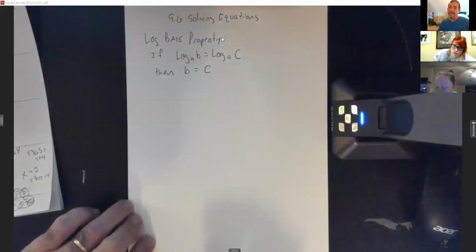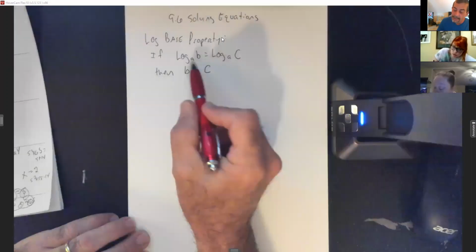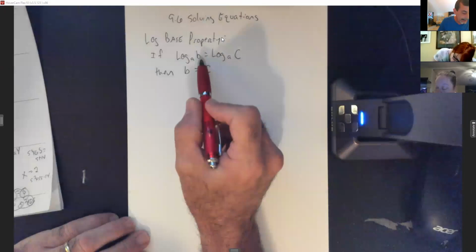When you rewrote them with the same exponents and the same base, we said that the exponents were equal. So same thing here. If you can write both sides with the same logs, then that means B has to equal C.